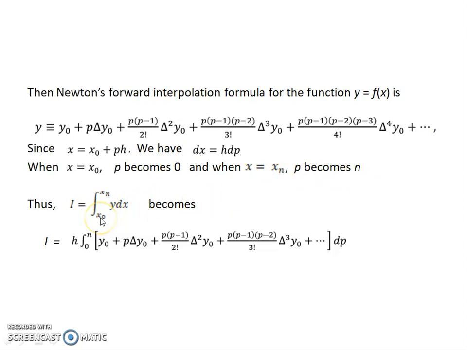So the limits x0 and xn change to p from 0 to n. So I, the integral from x0 to xn of y dx, becomes I is equal to h times the integral from 0 to n, with y in terms of p as given in the Newton's forward interpolation formula. Now our aim is to find this definite integral.